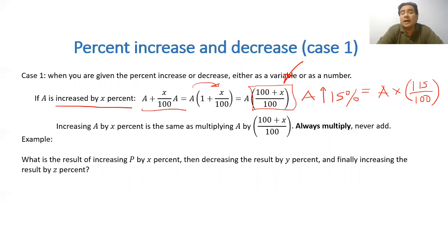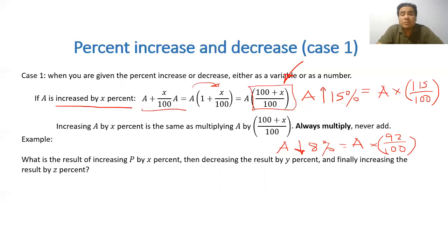If it was a decrease, for example, if they tell me A must be decreased by 8%, then I will multiply A by this factor, 100 minus 8 over 100. That is 92 over 100. That would be my decrease factor. So let's see an example.